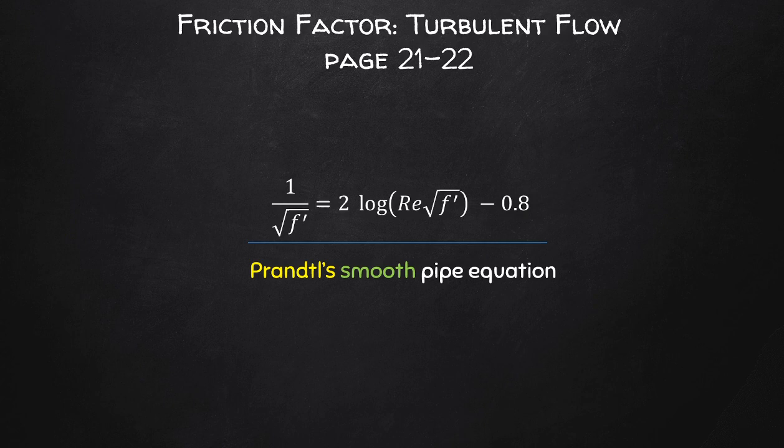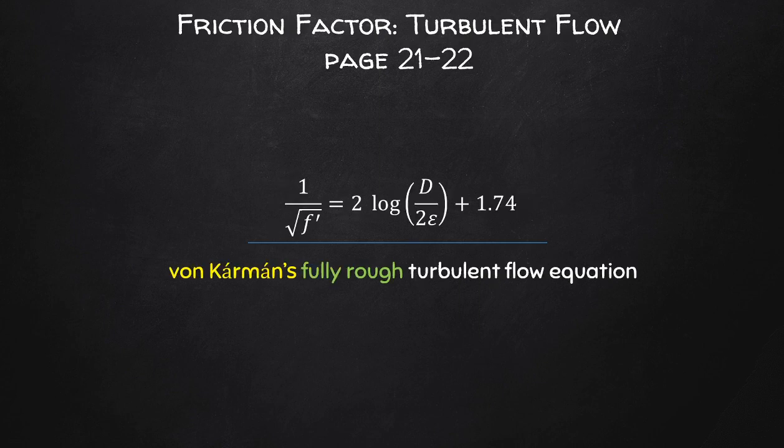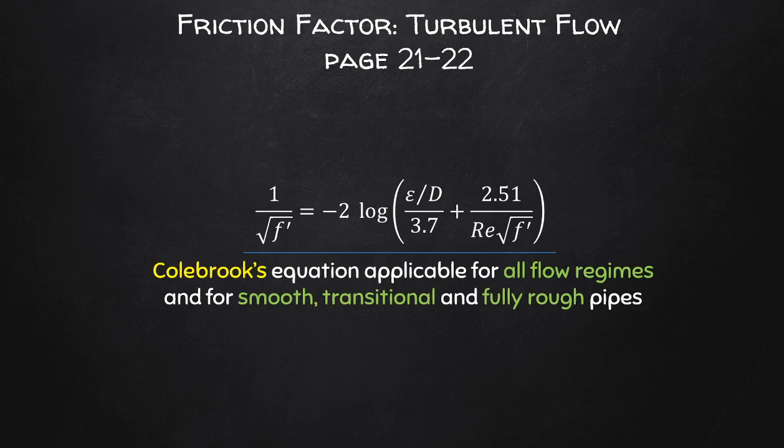So for smooth pipes, those that are less rough, at turbulent flows, the Prandtl equation is typically used. When flow is fully rough and turbulent, the von Karman equation is preferred, while we could make use of the Colebrook equation, which is applicable for all flow regimes, as well as for all smooth, transitional, and fully rough pipes.